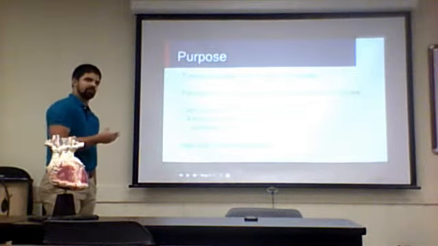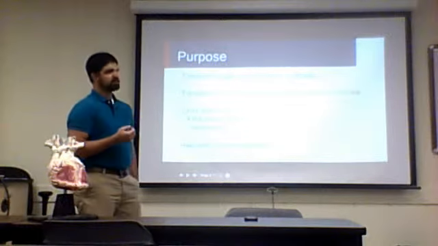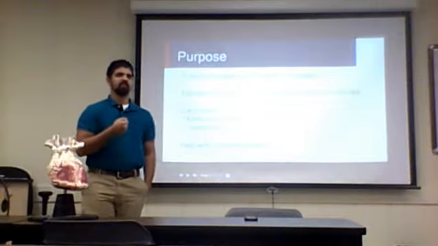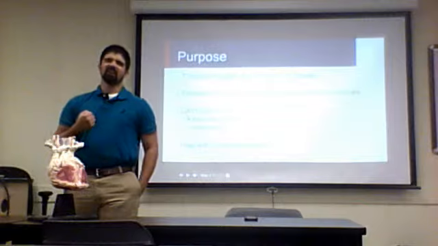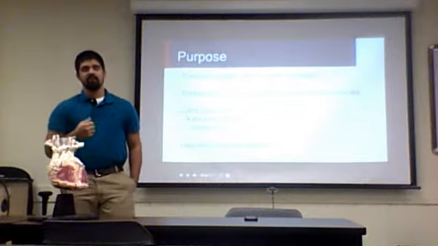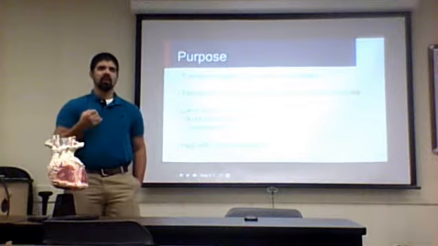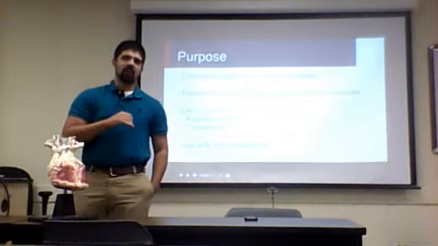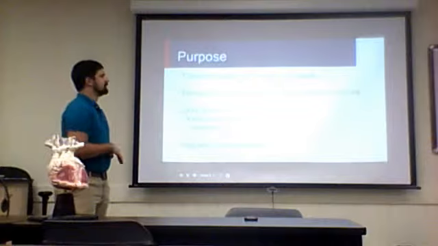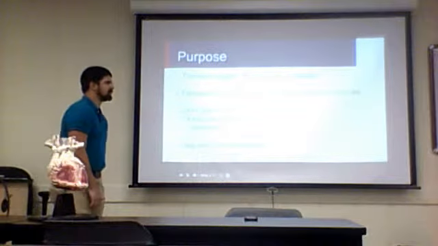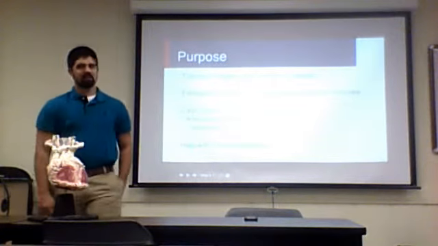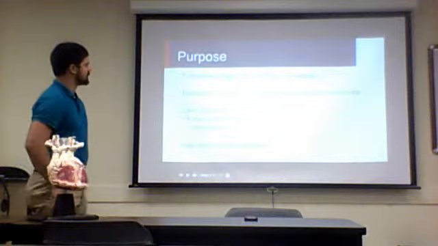It delivers those oxygen and nutrients, but it also picks up the carbon dioxide and other waste products that are formed in the cellular tissues. It'll pick that up and carry it back and excrete it from the body. So that's two big purposes there.